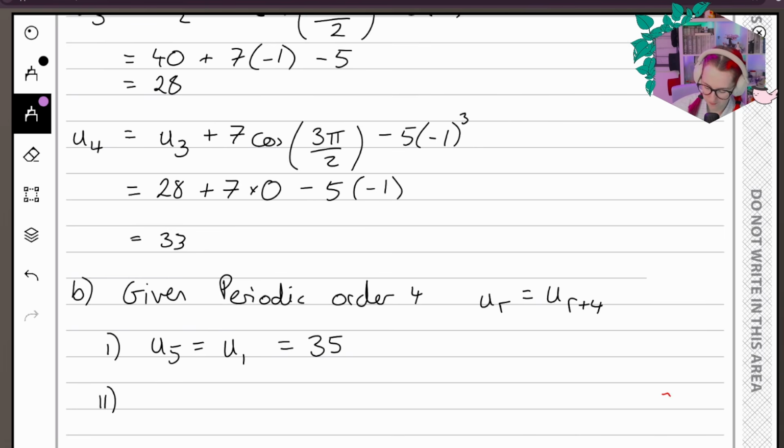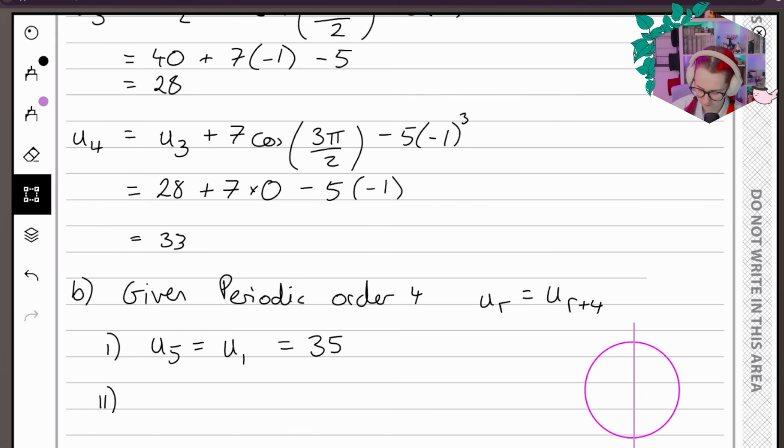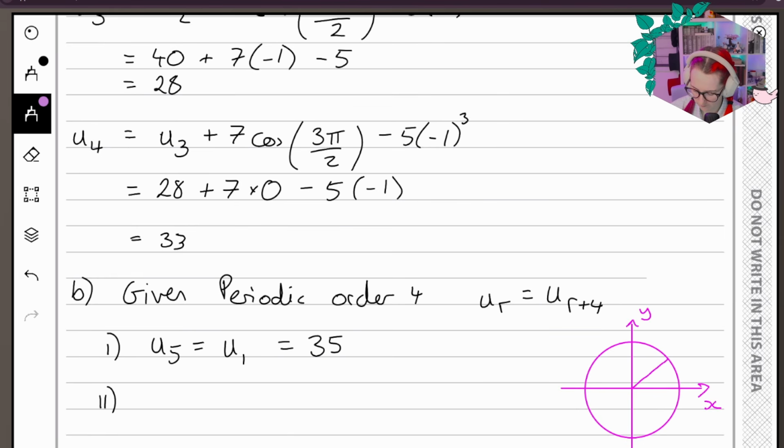So for a circle, your coordinates are cos of x and sine of x.